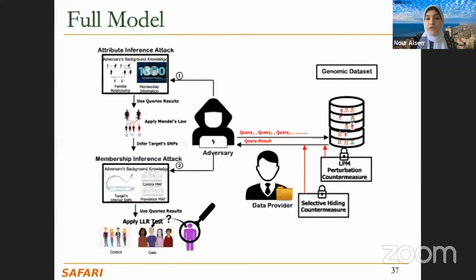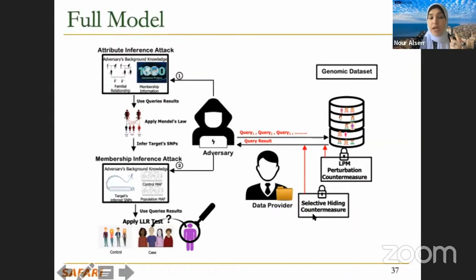So the overview of our contributions is like this. We have an adversary trying to do both types of attacks, attribute inference attacks and membership inference attacks. We show that we can do these attacks, we investigate the feasibility of such attacks, and we try to mitigate them.